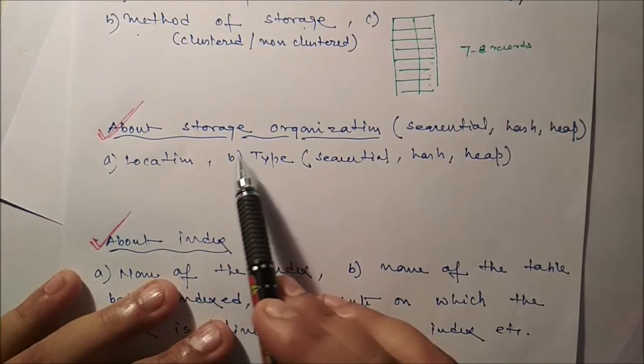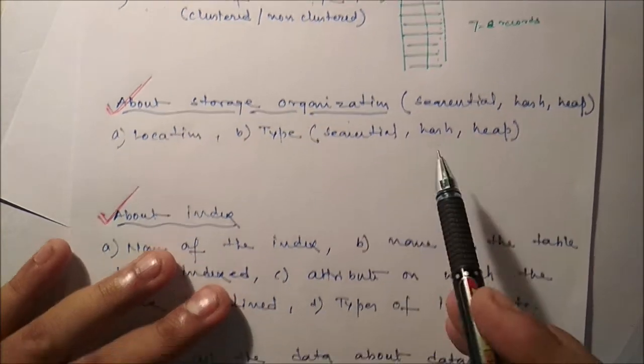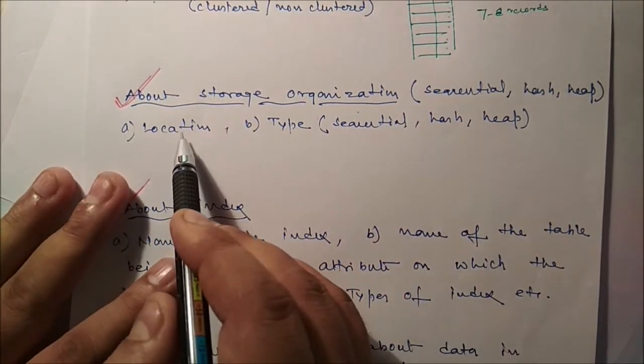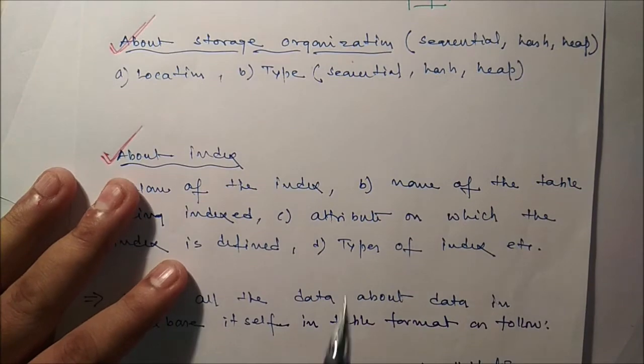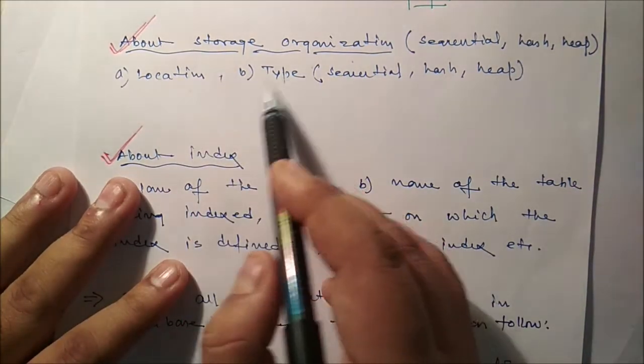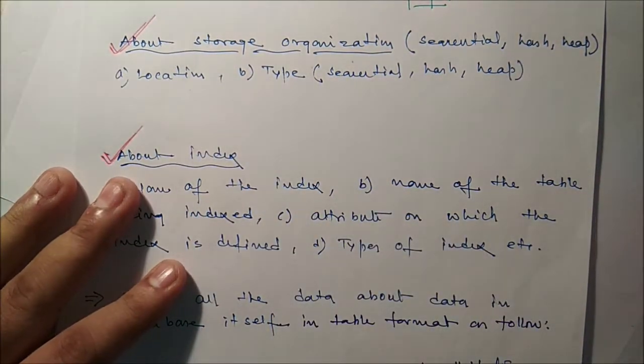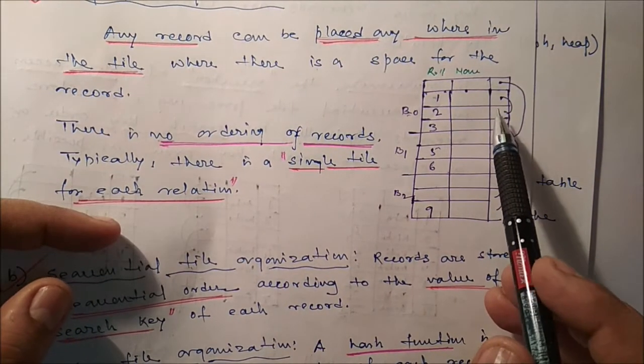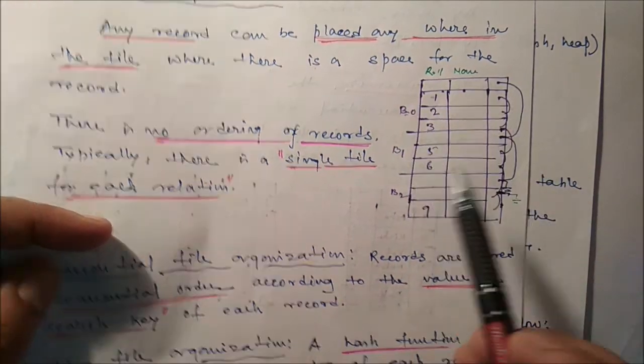Now about the storage organization: where is the location of this particular table, and how it is stored, whether sequential, hash, or heap. We have seen this. If it is heap storage, you can store the data anywhere.